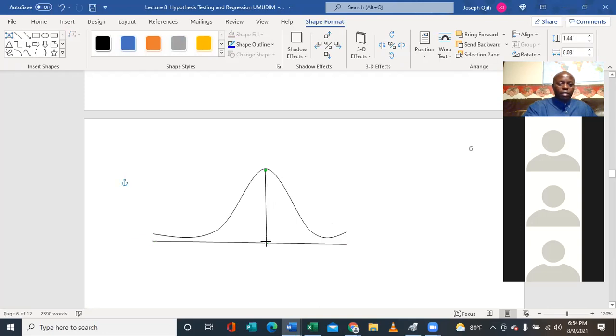Now, if I'm looking at the critical value, if the test falls on the right side, like here, where the shaded portion is on the right side, we call it a right tail test.